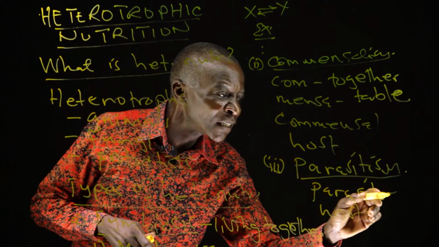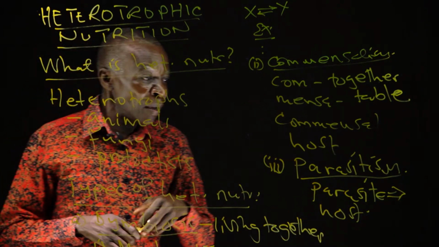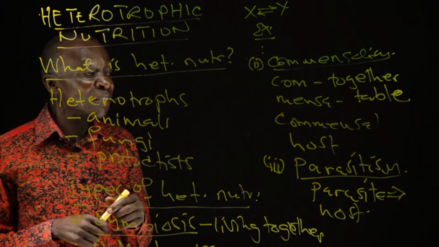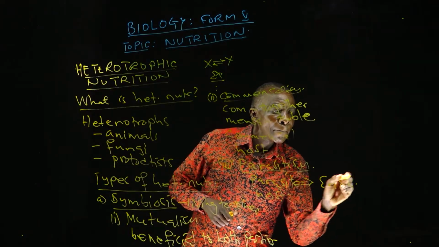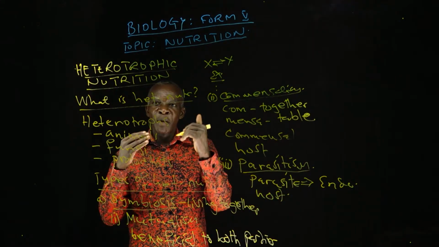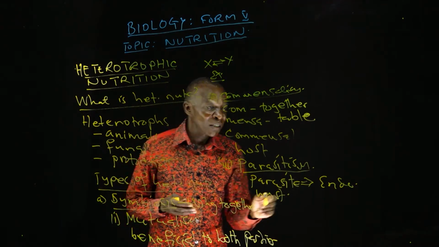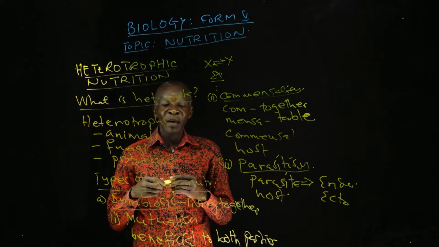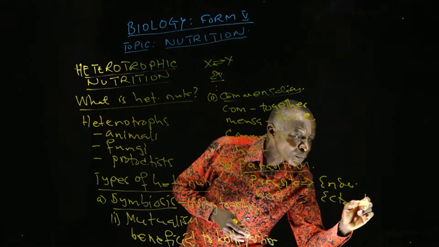And this parasite may exist internally within the body of the host, and in this case it is called an endoparasite, or it can be found on the surface, on the skin of the host. In this case, it is called an ectoparasite. Ectoparasites may be exemplified by arthropods like bedbugs.